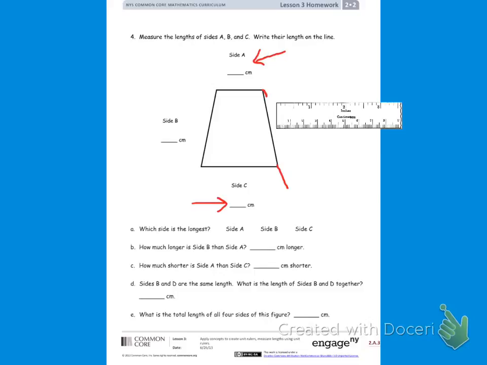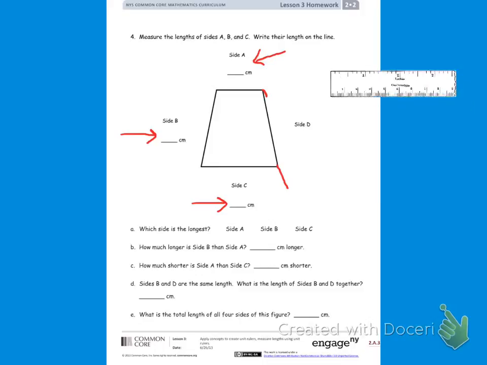For side B, I have to turn the ruler sideways and make sure that I line up the ruler with the edges. Once I find the length of side B, I will record my answer right here. As you can see, there is no line to record an answer for side D.